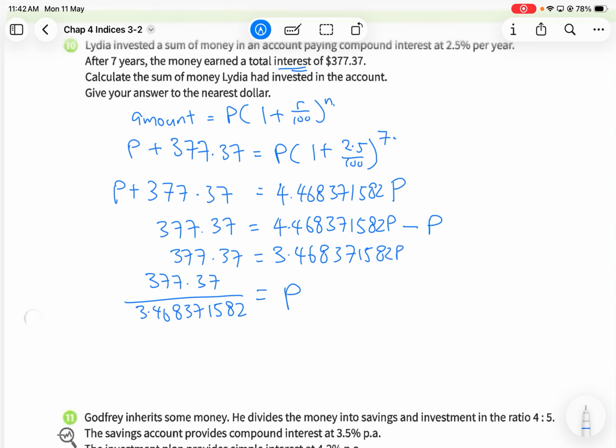So how did you get 4? 1 plus 2.5 over 100 is 1.25. 1.25 to the power of 7. Just key in the calculator only. That is how I get 4.468.